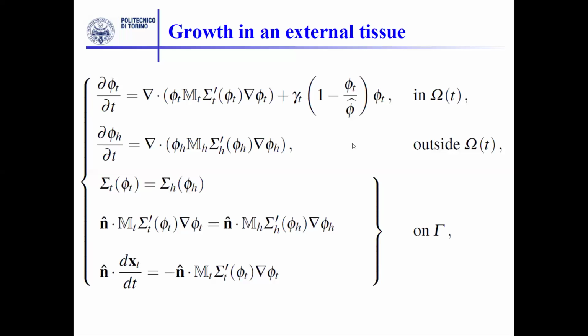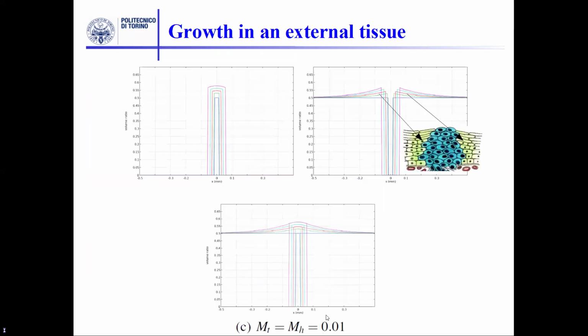And since this border is the border of a tumor, it is advancing with the velocity of the tumor cells, which is the same as the velocity of the host cells, so this term will also govern how the interface is advancing in time. So this is the model that you can work with.